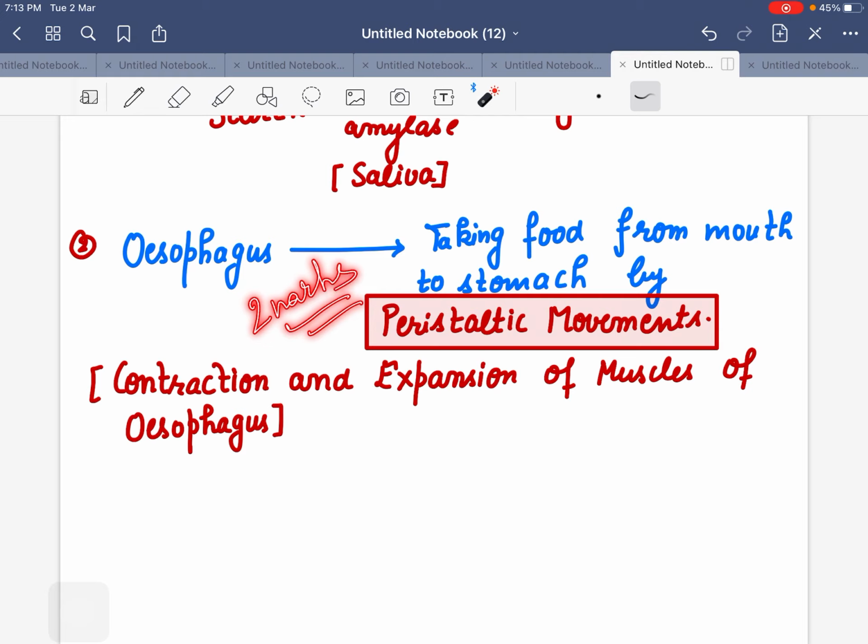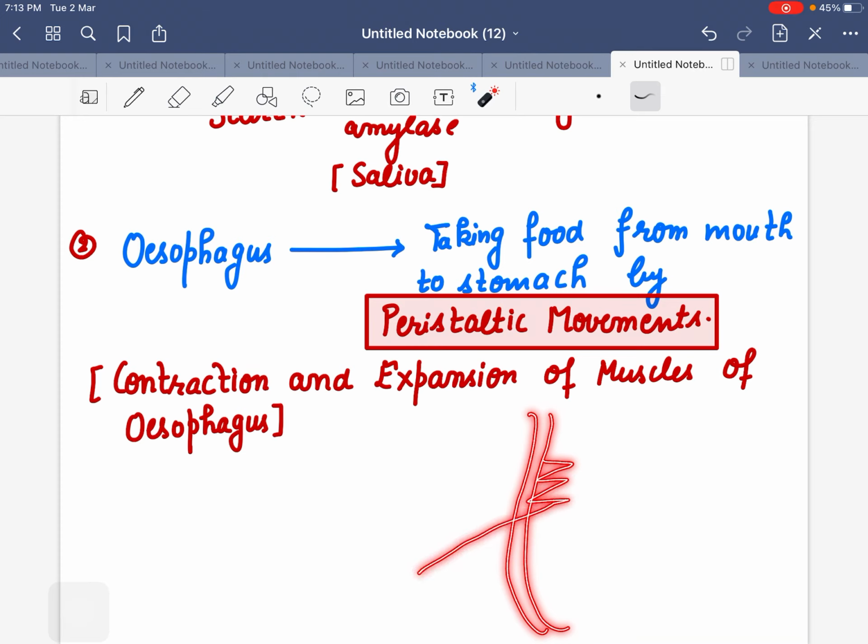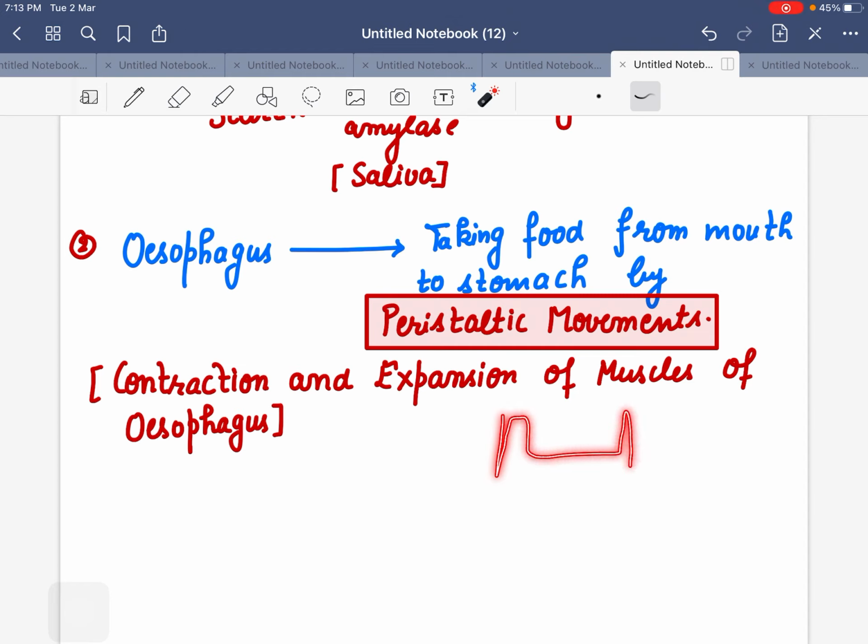This is a 2 marks question, a very important question. What is peristaltic movement? Basically, if this is your esophagus, there is contraction, relaxation, contraction, relaxation. Contraction means the area becomes smaller, expansion means it becomes bigger. I cannot show you my hand movement, but you know this kind of movement, and then there is relaxation, then contraction and relaxation. So basically contraction and expansion of muscles.